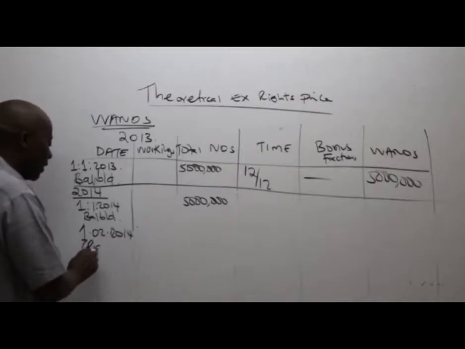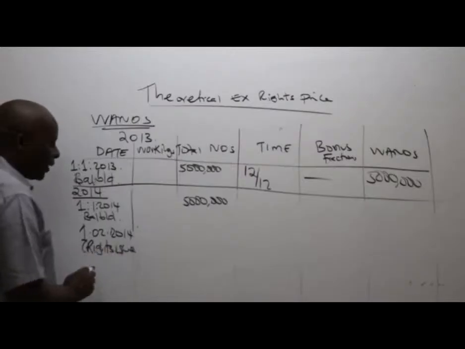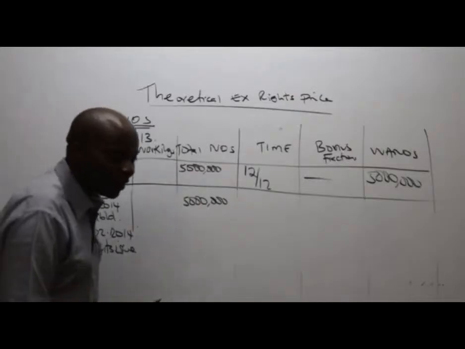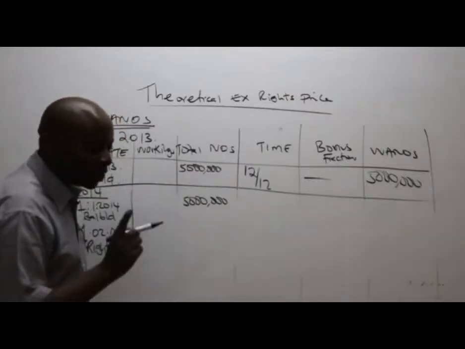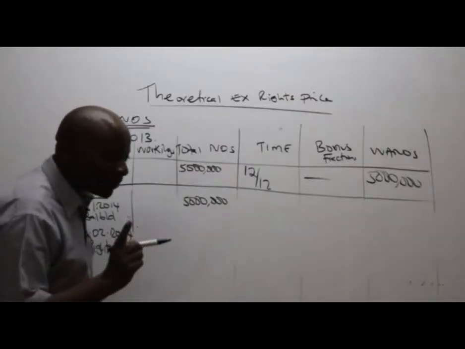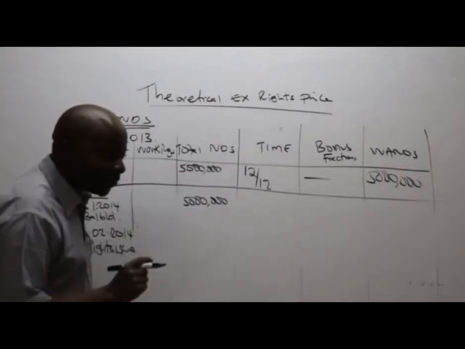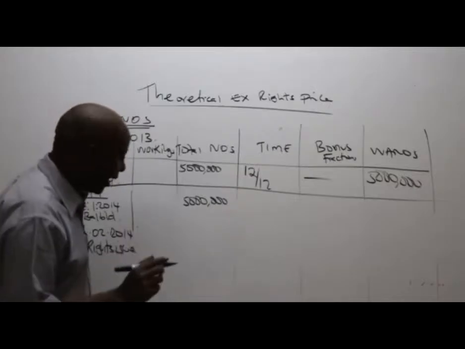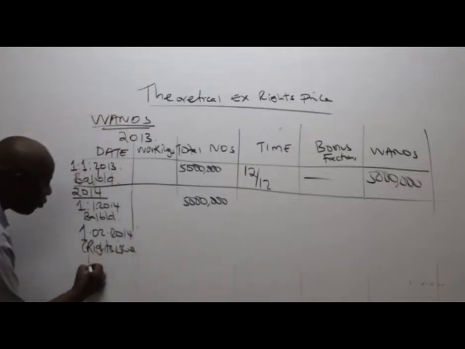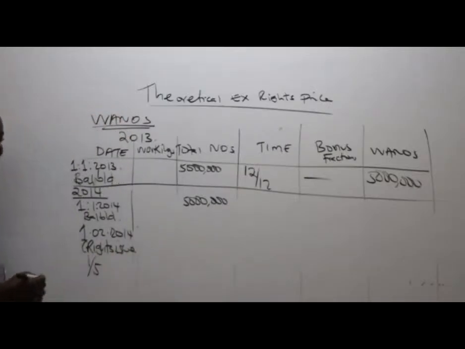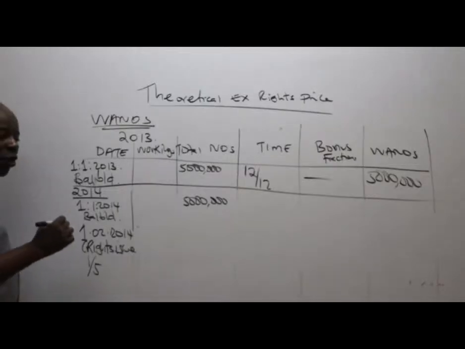A rights issue of what fraction? A rights issue of 1:5, a rights issue of 1/5.